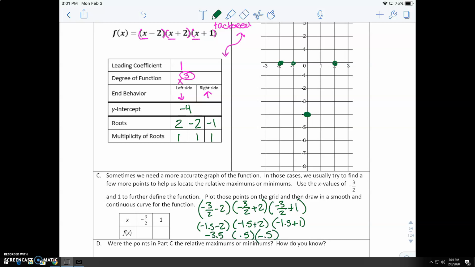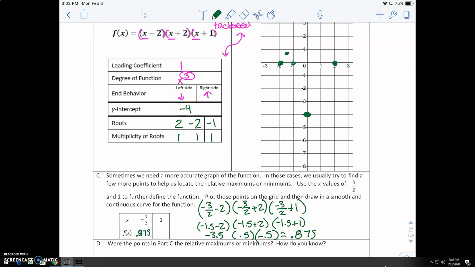I'm going to take a calculator and multiply those all together. When I multiply these all together, I get 0.875. So almost 1. I'm going to go put this at almost 1 on my graph, and I'm going to make sure that I put down 0.875 in that box.